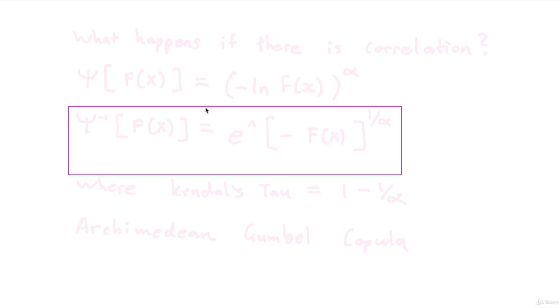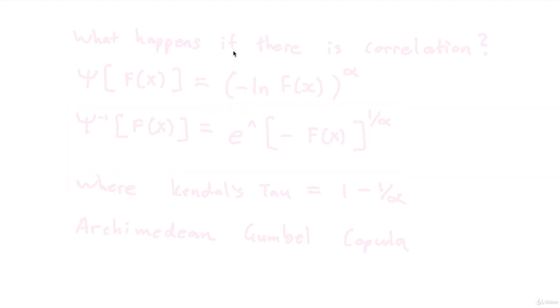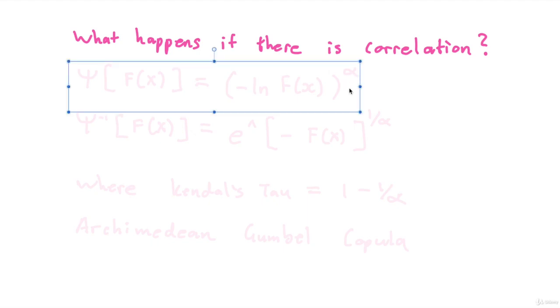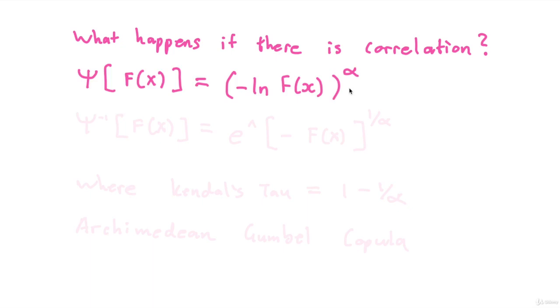Now, the big thing with copulas is we're not that interested in the independent case. We're more interested to see what happens if there is correlation. And this is where we can now improve our generator function by adding in this parameter of alpha, which we're going to see is linked to correlation.